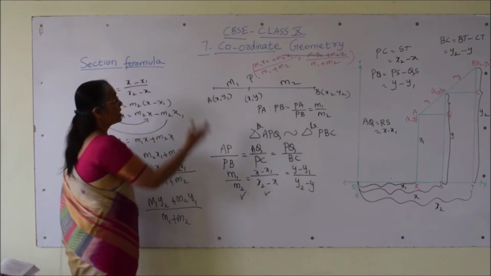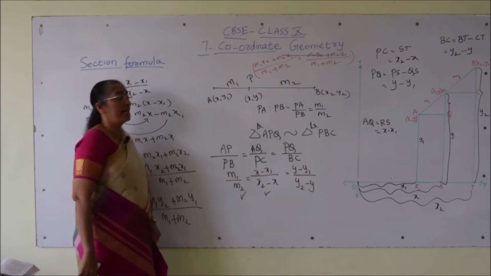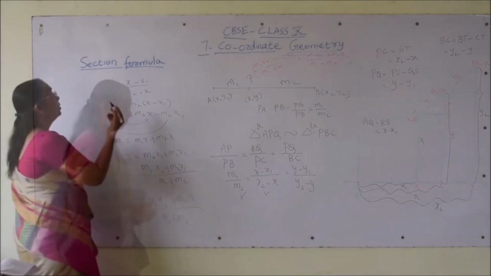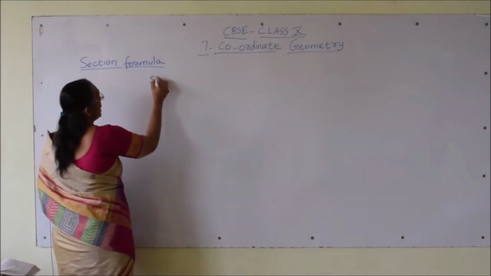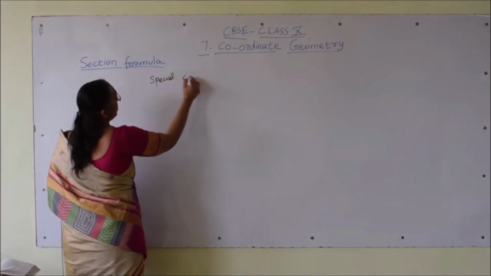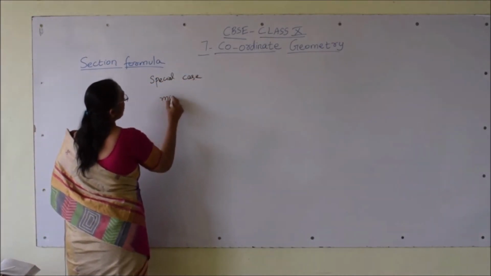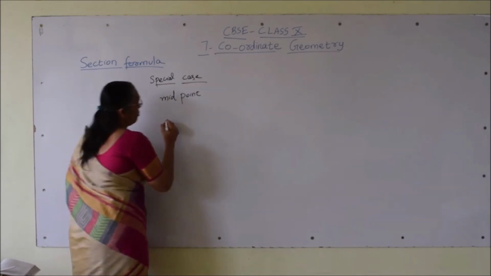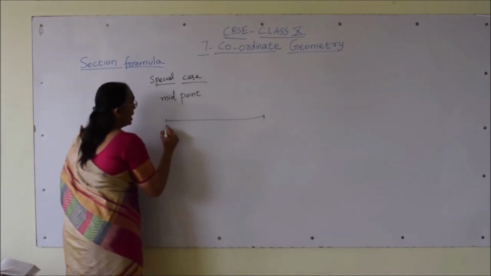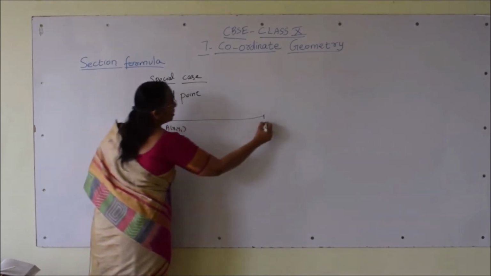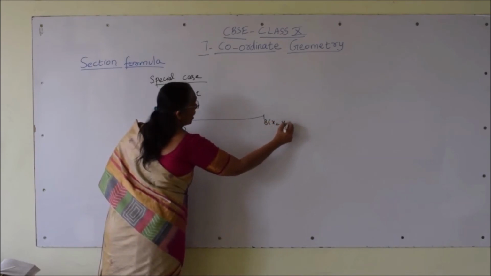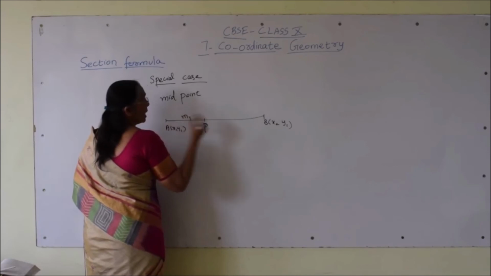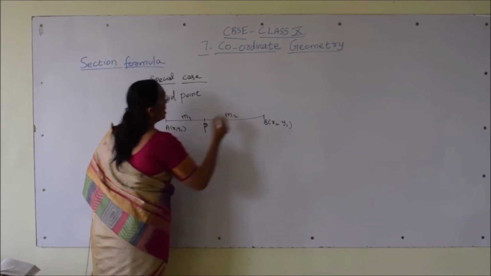These are the coordinates of the point P, which divides the line segment AB in the given ratio M1 is to M2. Now, from the section formula, we can get the special case as the midpoint formula. In the section formula we learnt A is the point (x1, y1) and B is (x2, y2) and P is a point which divides A and B in the ratio m1 is to m2.